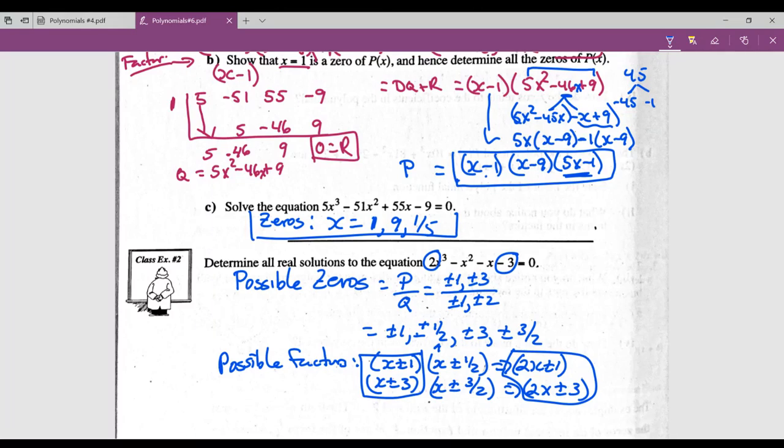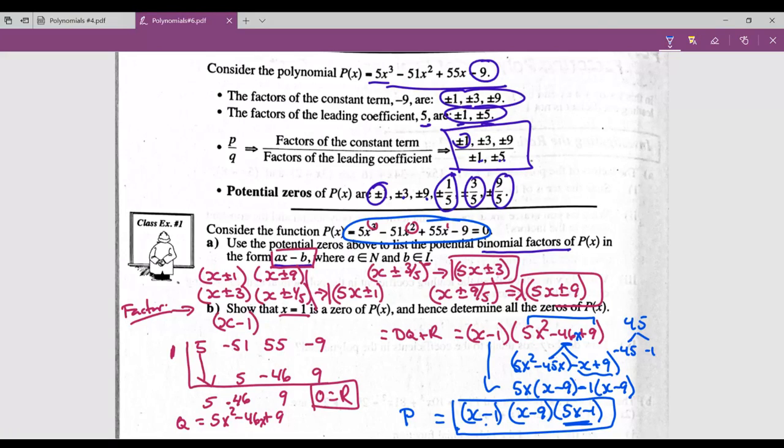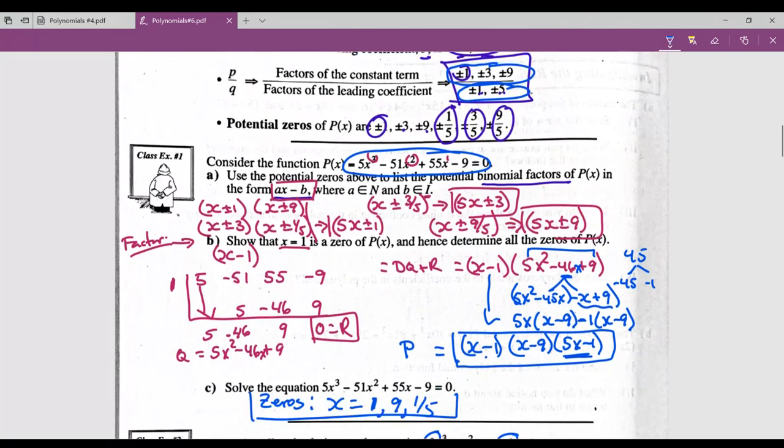Okay, so quick review. Basically, list out the potential factors of the constant term, divide them over the potential factors of the leading coefficient. Then, once you have all the factors, you test one. I will narrow it down for you. You know something is a factor when the remainder equals 0.